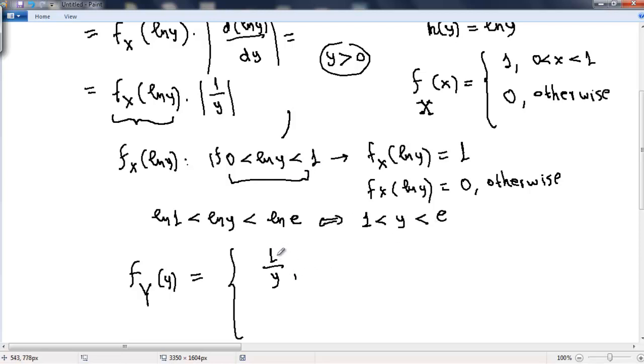So here we have 1 over y for y between 1 and e, and otherwise it's 0. So if you multiply 0 by something, you get 0, too. This is the answer.